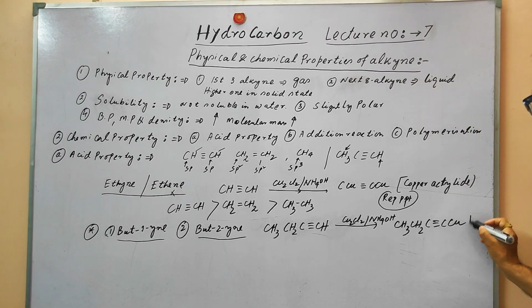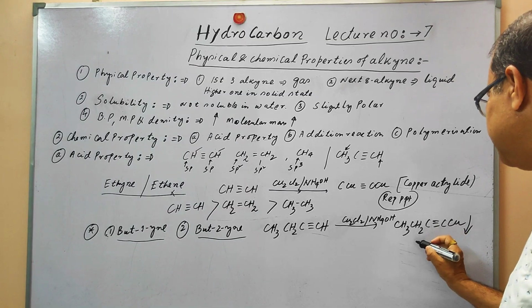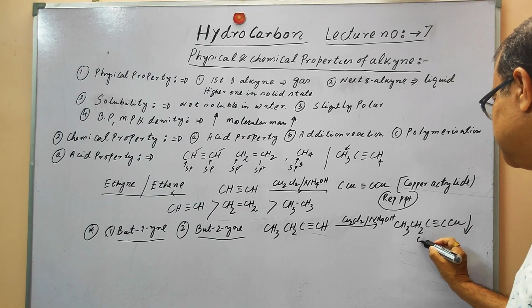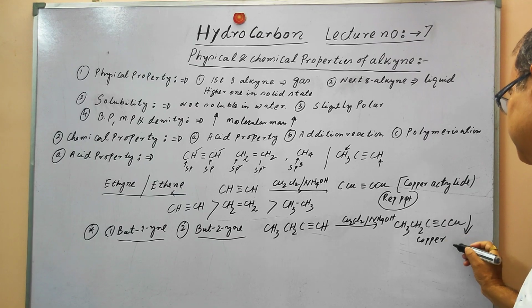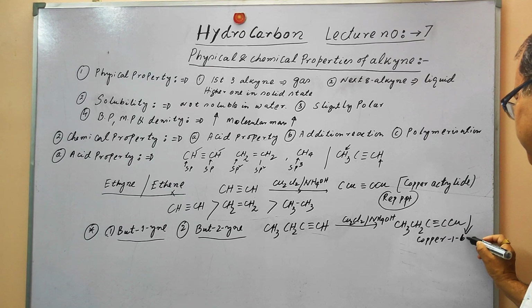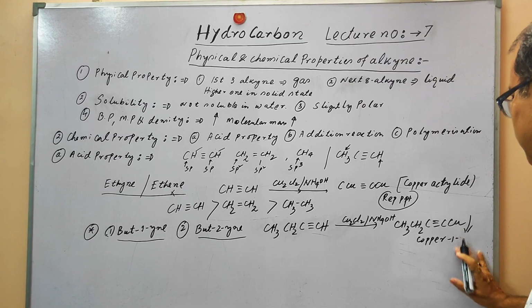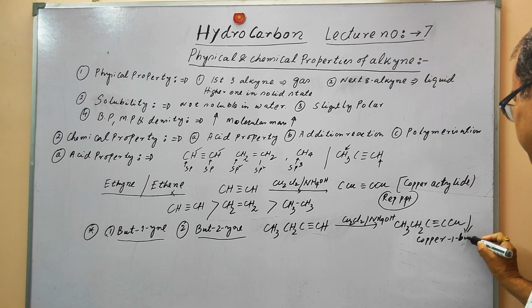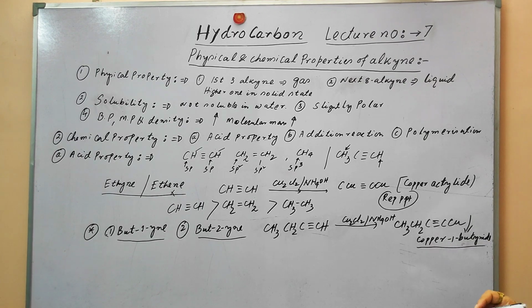You will see the red precipitate, and it is copper(I) butynide. Name of the compound: copper(I) butynide. You will find the red precipitate.